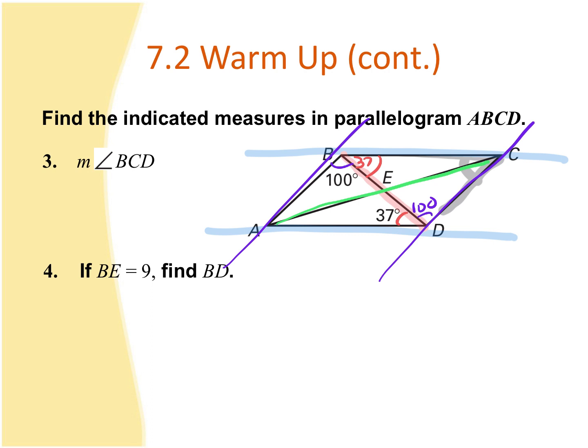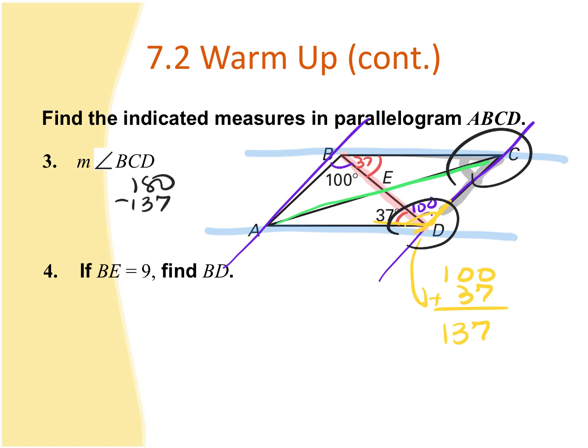Now, the reason why I found those alternate interior angles is I need to find the measure of this whole angle here by adding 100 plus 37, and that angle ADC or even ABC up here, these are going to be 137 degrees. And I know it's going to be a supplement with the angle I'm looking for. So all I have to do is 180 minus 137, and my missing BCD is 43 degrees.